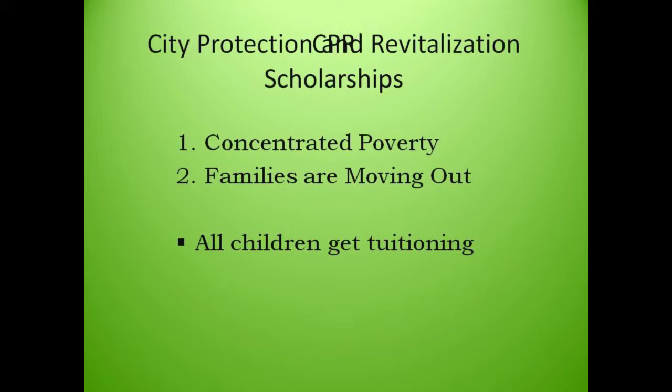In those areas, every child that's there should get tuition. You give it to the poor for social justice reasons. But you also give it to the middle class who aren't there now, but you want them to come. And you give it to the middle class because the poor need the middle class to be willing to live near them, because they bring the jobs and the economic vitality that changes all those other problems.